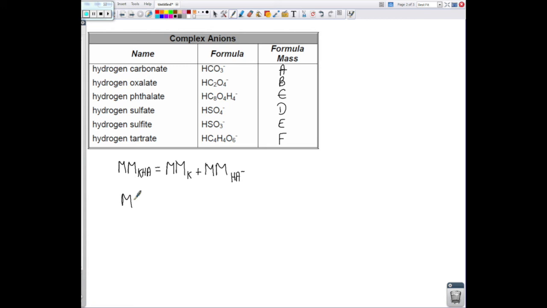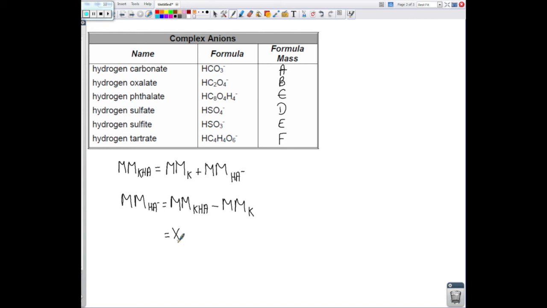So the molar mass of the anion is equal to the molar mass of the acid salt that you have calculated on the previous page minus the atomic mass, or the molar mass, of potassium. That's going to be equal to X.